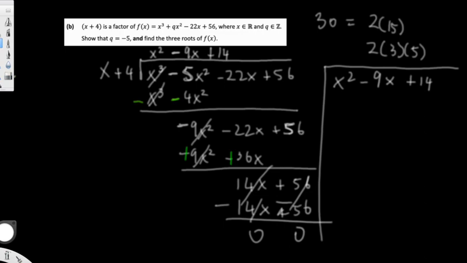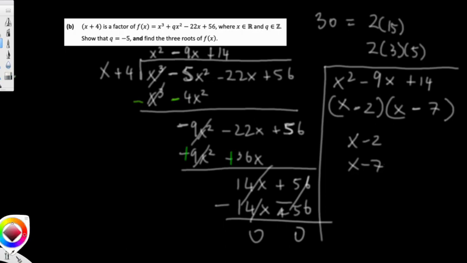So take this second factor, x by x here, and then a 2 and a 7, and then a minus and a minus. So minus 2 by minus 7 will be 14, and minus 2 and minus 7 will be minus 9. So we have x minus 2 and x minus 7.